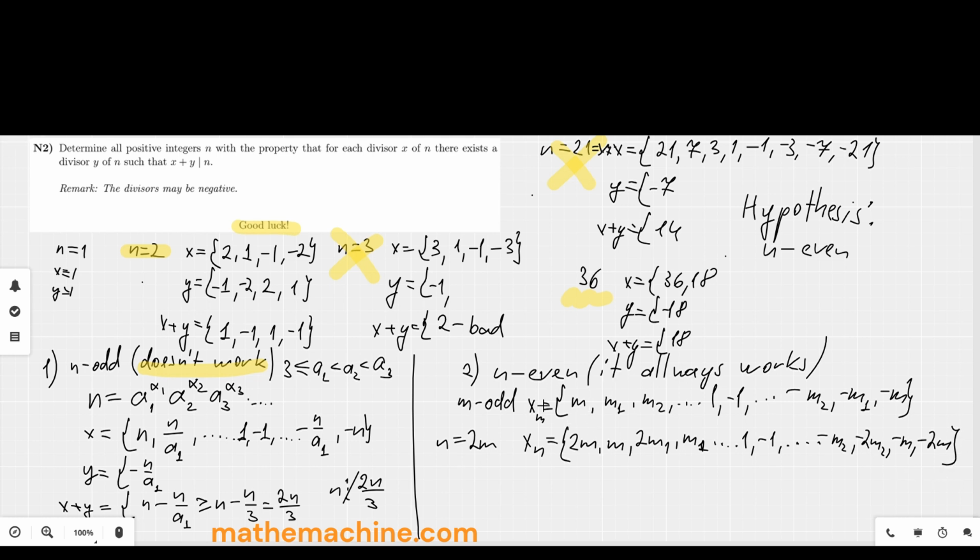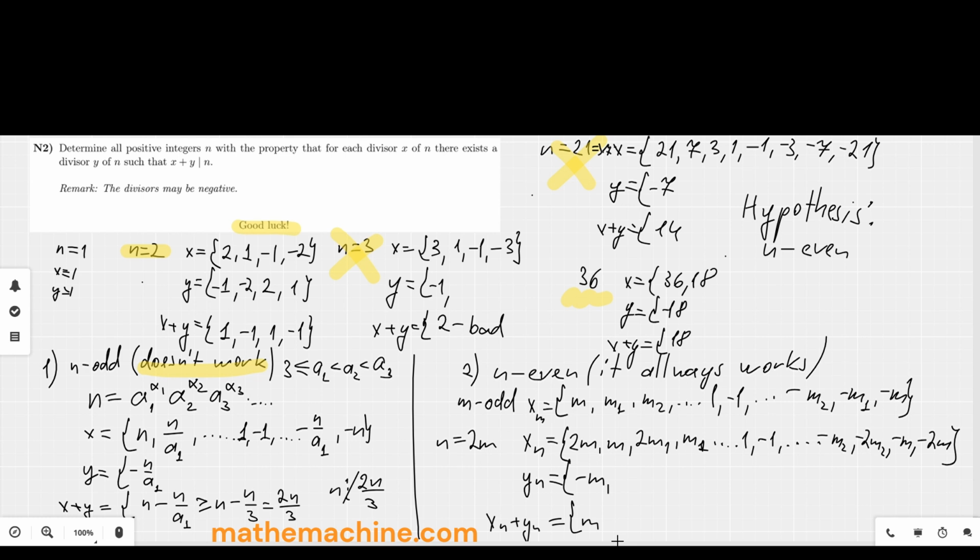So then let's try to build yn such that it would work for xn plus yn, and we will use this scheme from here. For 2m, the second largest divisor after 2m itself is m. So we want m here, and can we get it? Of course we can. We can get yn equals negative m. So 2m minus m equals m.